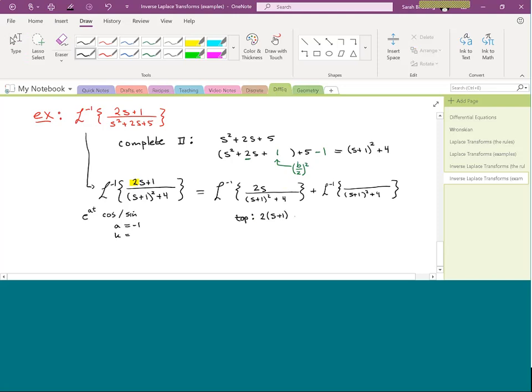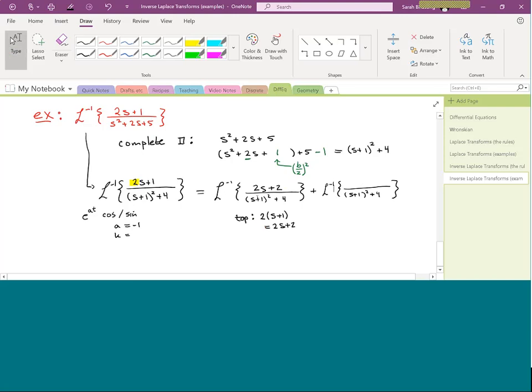But 2 times s plus 1 is really 2s plus 2. So that's my scratch work. I'd say over to the side, but it's really beneath. So I'm going to go ahead and put the +2 right here. So you always focus on the one that's going to turn into cosine, the one that has the s's involved, and then whatever's left over, that's the part that spills into the sine, the one that only has the constant up top.